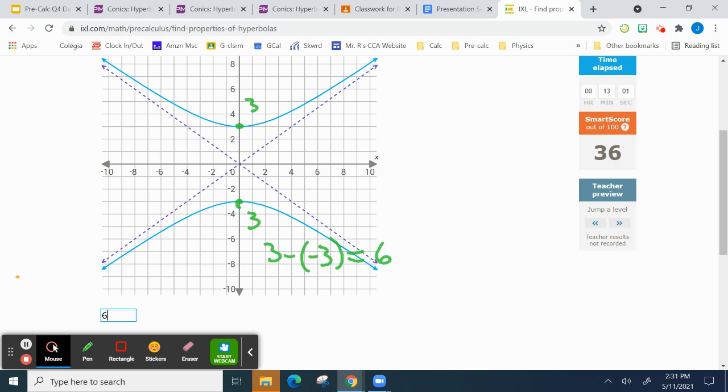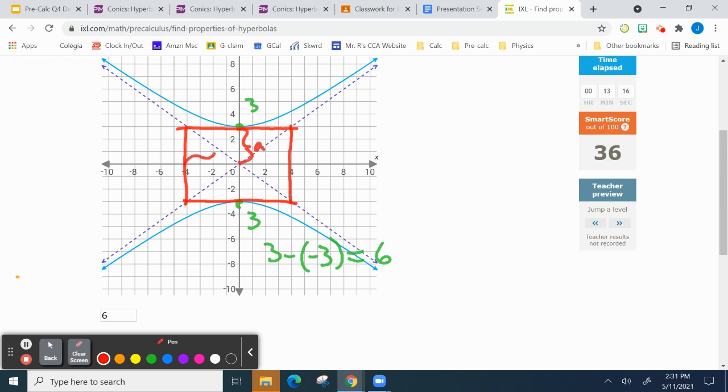What's the other one called? The conjugate axis. Should we draw the box again? Let's draw the box. So there's our A, there's our B, and then that is C, and that is also C, wherever that focus is.